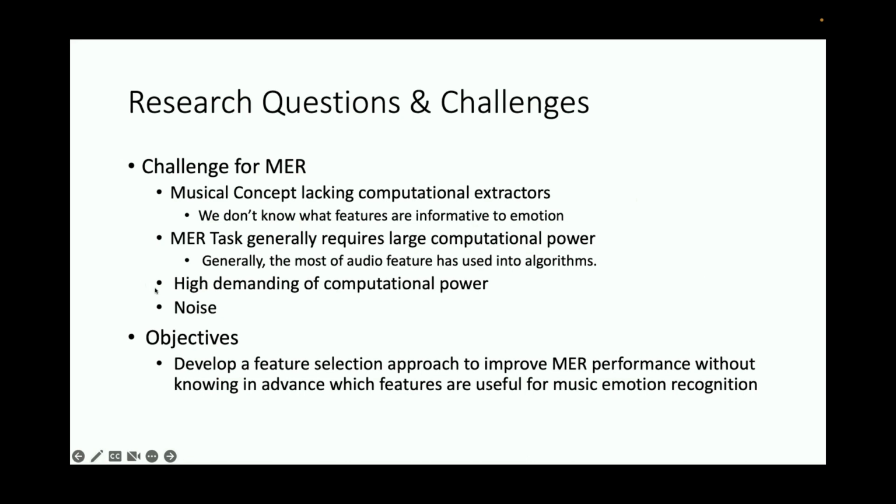This has a high demand for computational power, and the irrelevant features can cause noise and have a bad effect on model stability. So the objective of this research is to develop a feature selection approach that can improve MER performance without knowing in advance which features are useful for emotion.